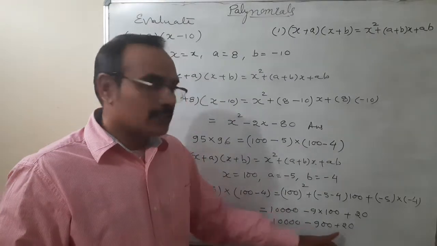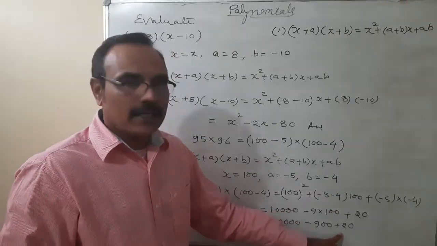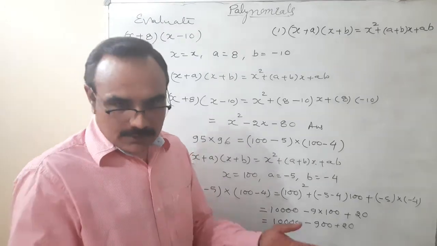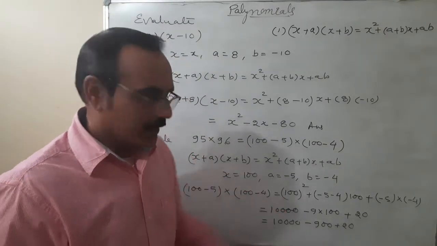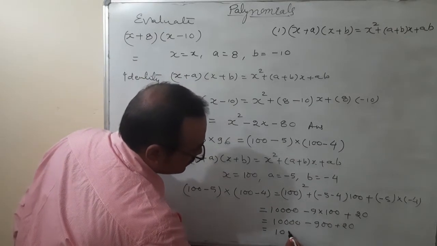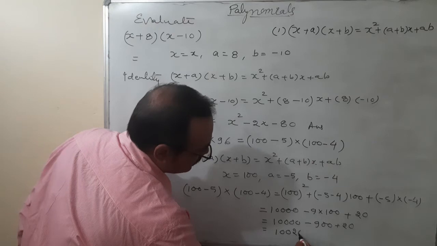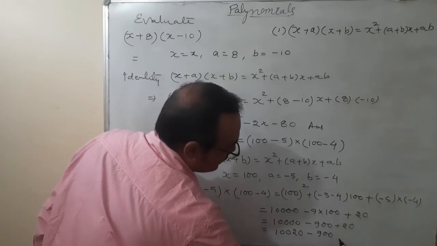Now you can see the three terms here: 10,000 with positive sign, 20 with positive sign, and 900 with negative sign. So first of all, I am adding both the positive terms. 10,000 plus 20, it is coming 10,020. Then 10,020 minus 900.